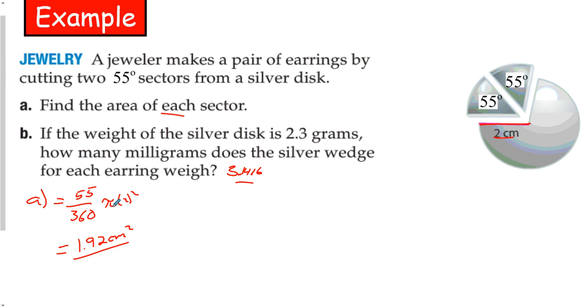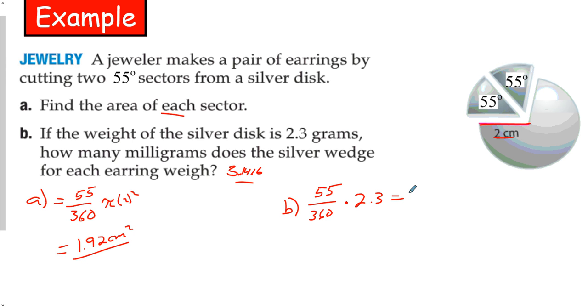B, if the weight of the silver disc is 2.3 grams, how many milligrams does the silver wedge for each earring weigh? Well, if the entire thing is 2.3, 55 over 360 is the slice of this disc that we're talking about, times 2.3. So I'm just going to do 55 divided by 360, 55 360ths times 2.3.